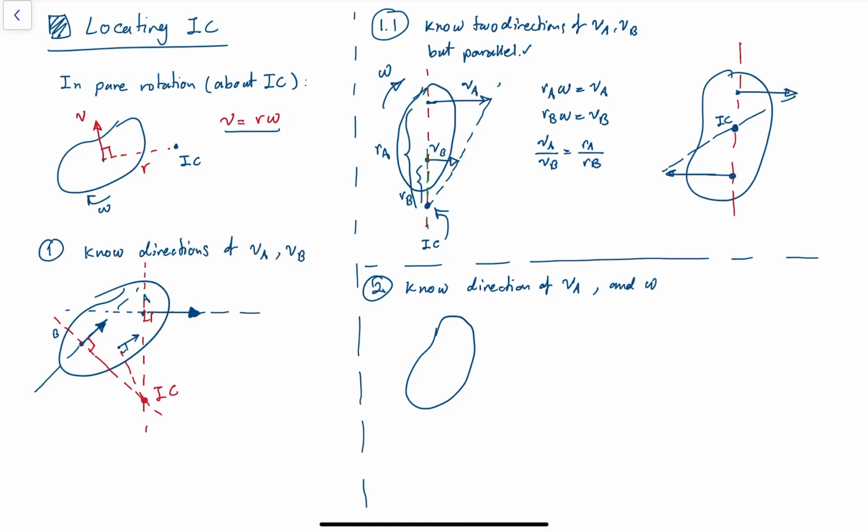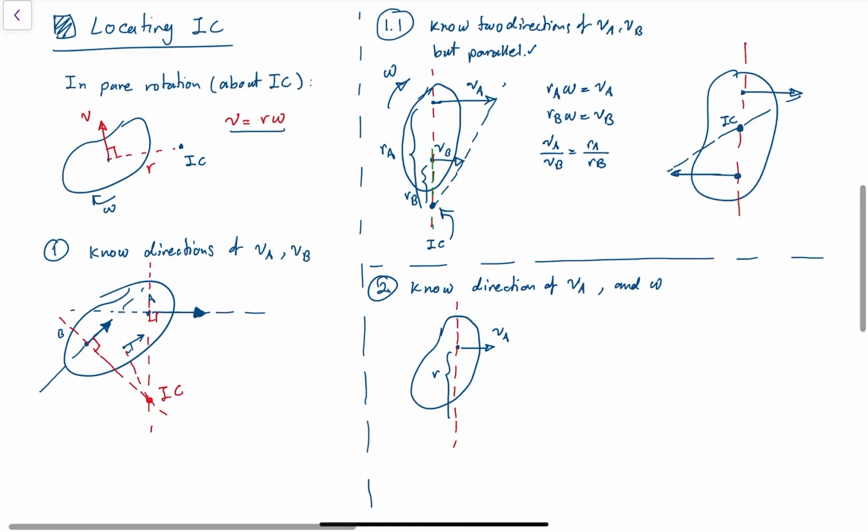So this is your body. You know VA. You also need to know whether it is to the left or right. So the instantaneous center has to be along this line. Where along the line? Some distance r.